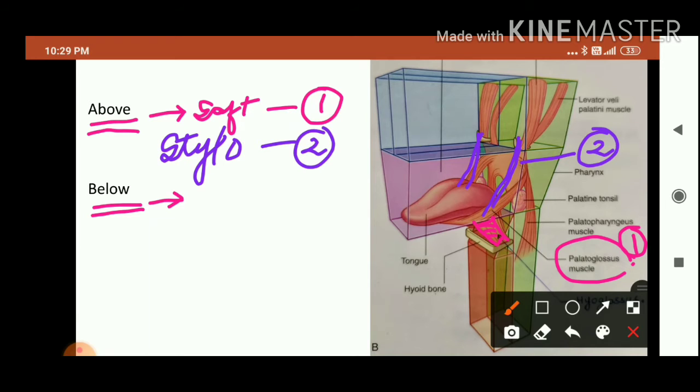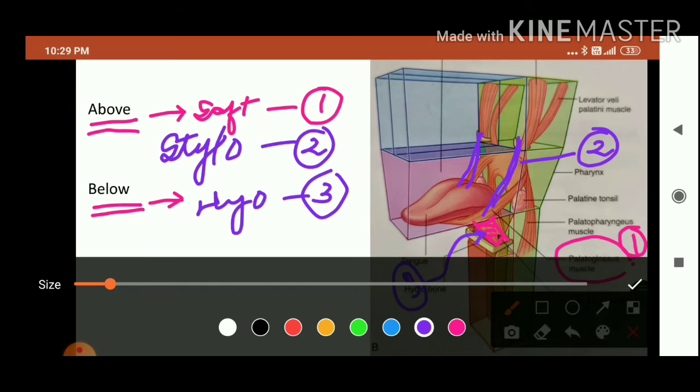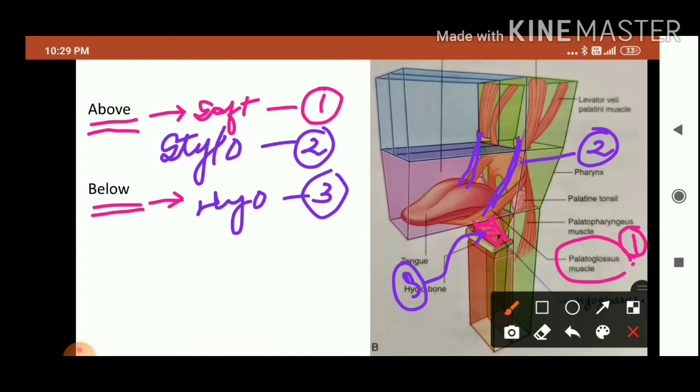Now we come to the attachment below. It is attached to the hyoid bone with the help of the hyoglossus muscle. So below is hyoglossus. Also remember one thing: it is attached to the mandible as well. The root of the tongue is attached to the genial tubercle of the mandible with the help of the genioglossus muscle.